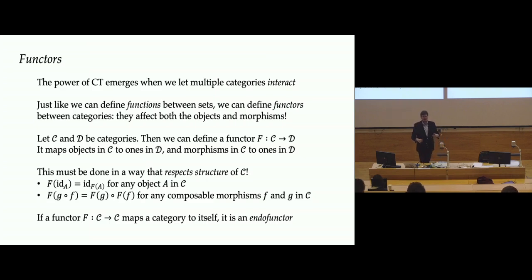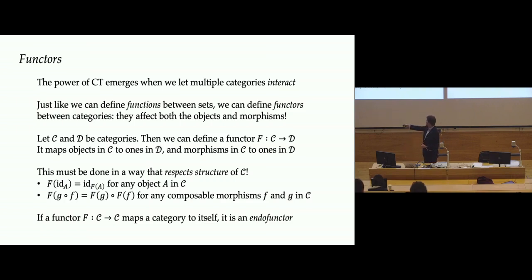A functor, to be a proper construct, must respect the structure and compositionality inside C. So what this means is that it must satisfy these two constraints. If I choose to transform the identity arrow of a particular object, that must transform to the identity arrow of where the object lands in the other category. That's the first constraint the functor must satisfy.